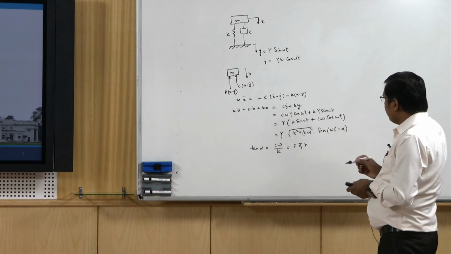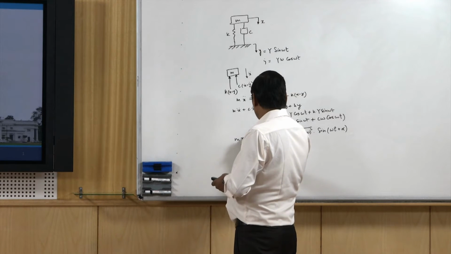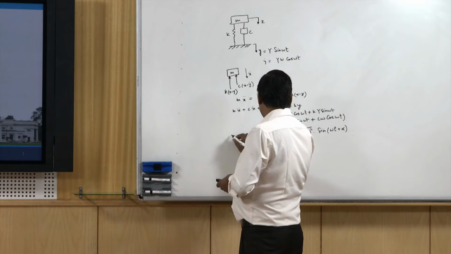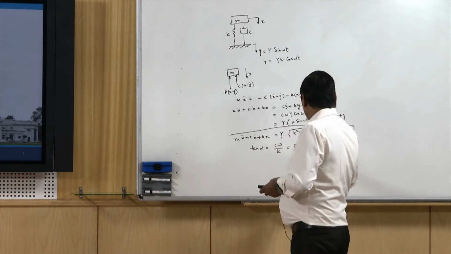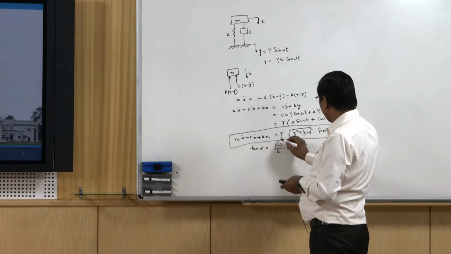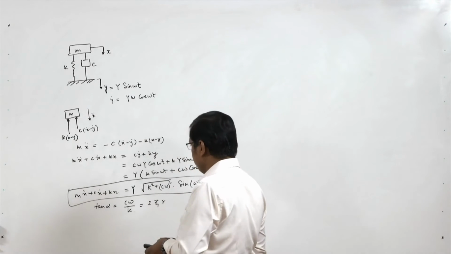What we see is that this equation is converted into an equation of forced vibration, where the amplitude of the force is this and this is the harmonic motion.